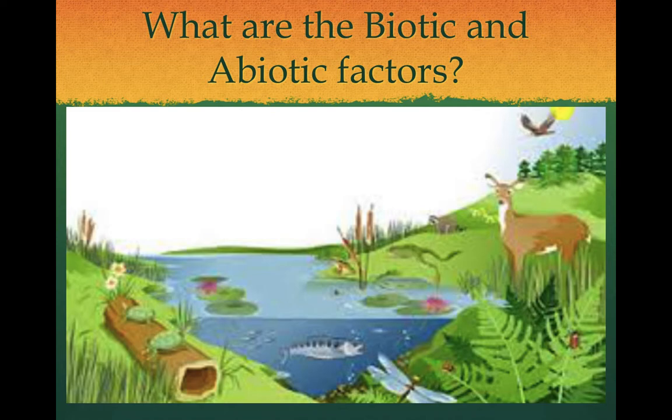So this is an example of what I might ask you to do. I might give you an image and ask, what are the biotic factors in this image? I could have them as a multiple select question where you select all the biotic factors. Students will oftentimes select only the animals here: the dragonfly, the fish, the raccoon in the background, the eagle, the deer, the frog, the turtles on the log.